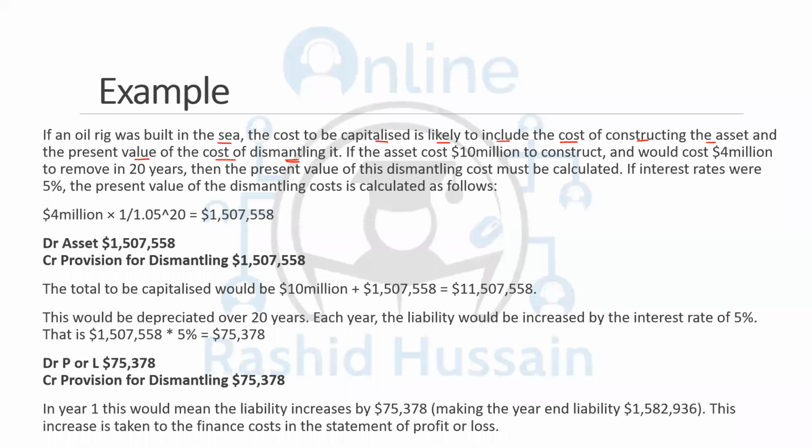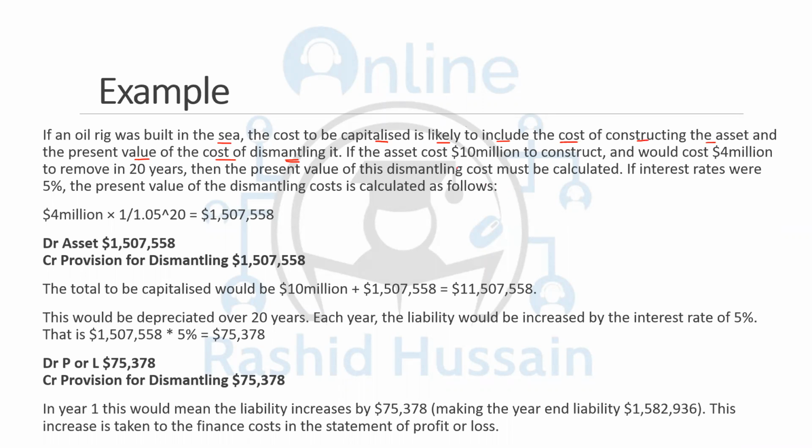Not every country has reserves within the sea, but the lucky countries do. Whenever you're extracting the oil, it's your obligation to restore the site. You cannot leave that hole which we have made to extract the oil. You have to fix it.